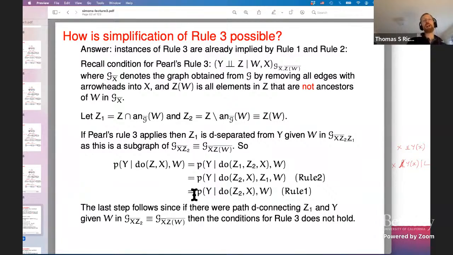So that's why it's possible to simplify this, because a lot of Z can already be removed using rule 1 and rule 2. And then in the remaining cases, we're just left with variables in Z that are not ancestors of W, which makes the condition much simpler.